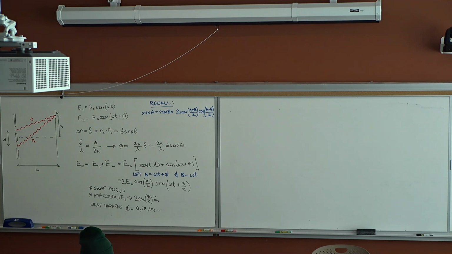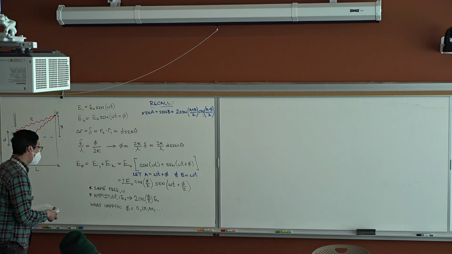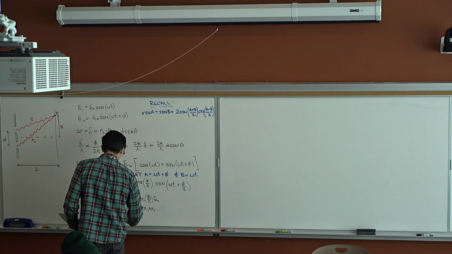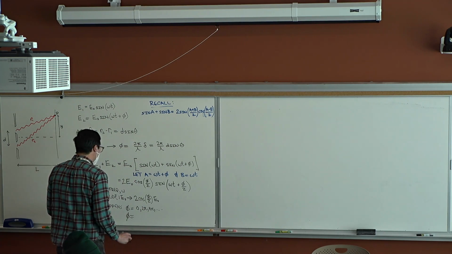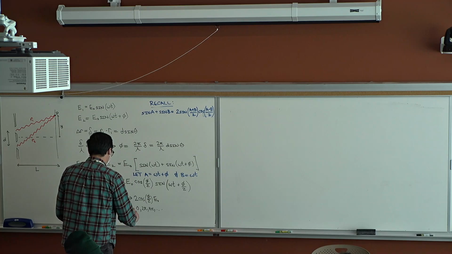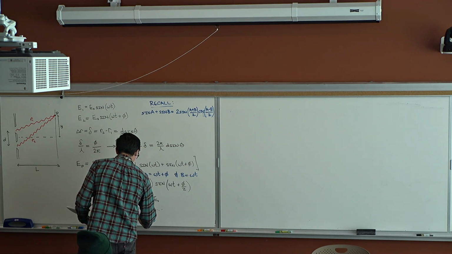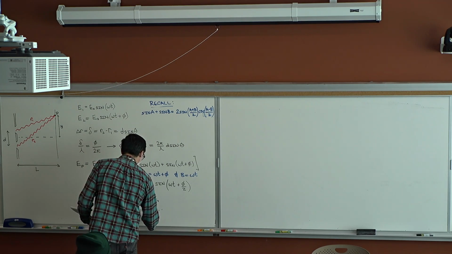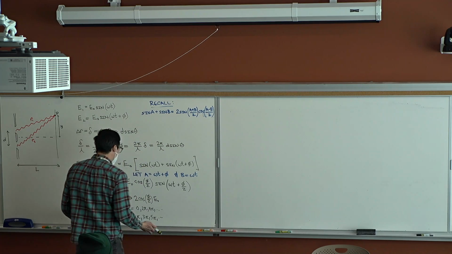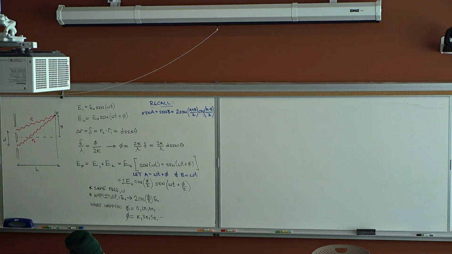Cosine 0 is 1, right? So 2 times E naught, either 2 times 1 or 2 times minus 1, right? Oh yeah, minus 1, yes. What happens when B is equal to, say, pi or 3 pi or 5 pi? 0. Now you get 0. Yes.